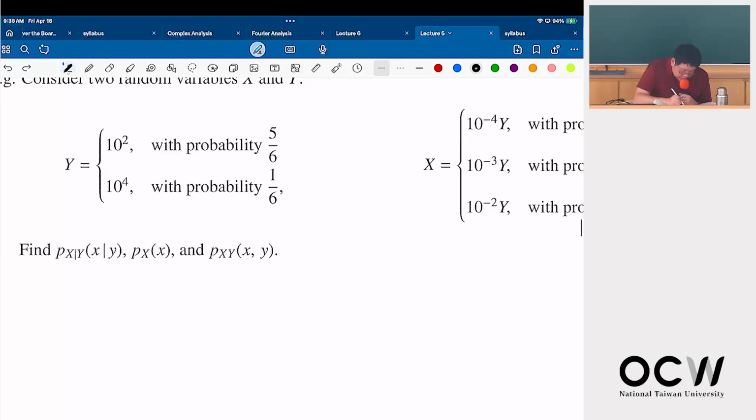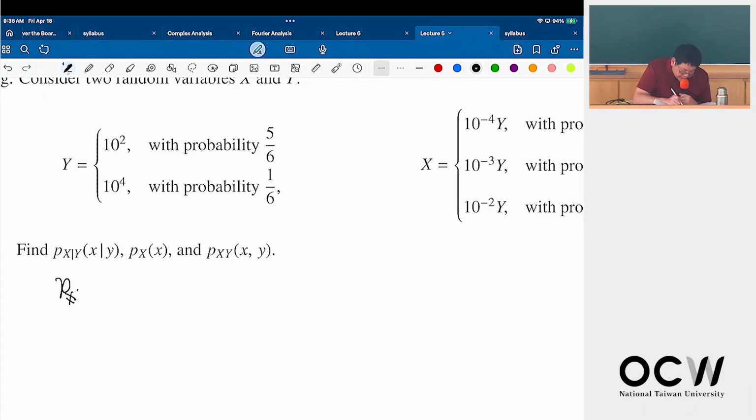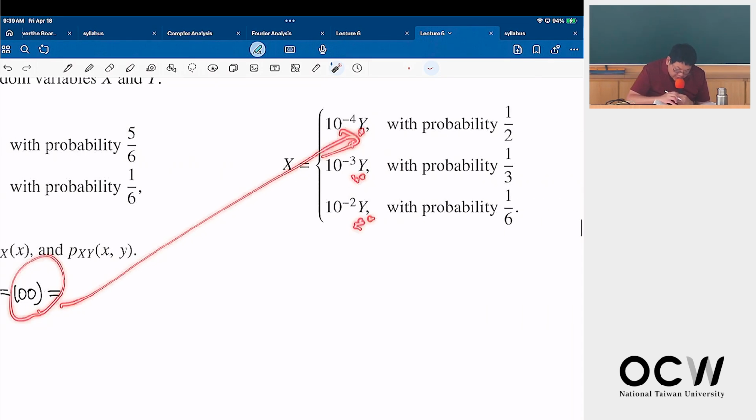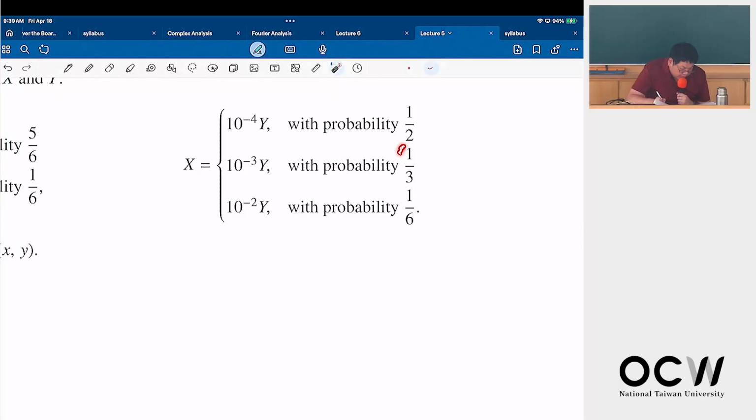First, y is equal to 100. We bring y here, so you need to multiply by 100, with the probability 1/2, 1/3, and 1/6.